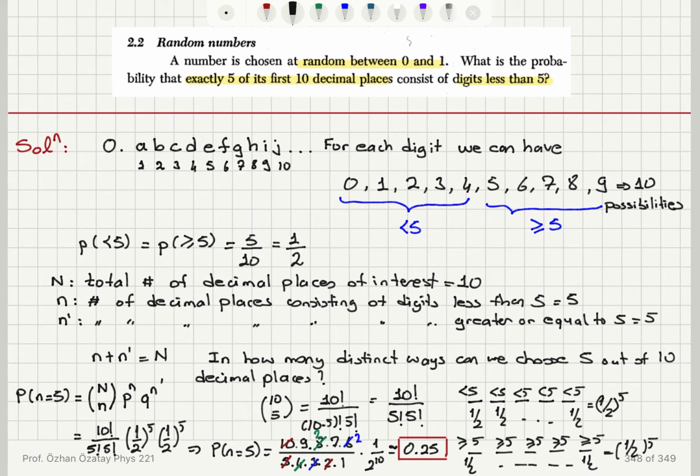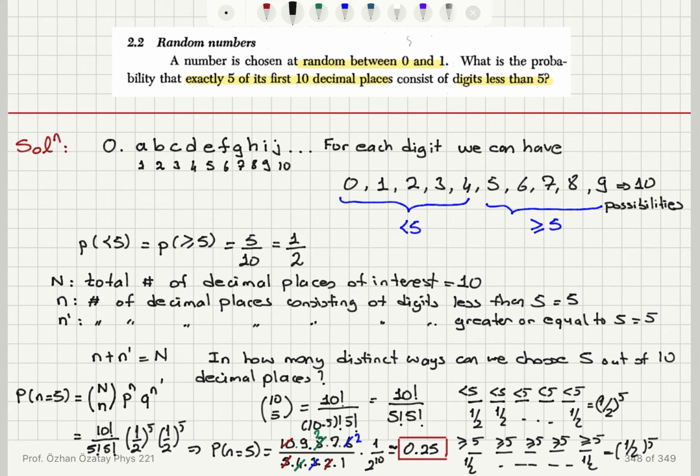We want 5 of them to consist of digits less than 5, that is n. And n prime is also 5, which is the number of decimal places that have a digit whose value is greater or equal to 5. And n plus n prime is capital N. So in how many distinct ways can we choose 5 out of 10 decimal places? That's given by combinations of 10 objects taken 5 at a time.